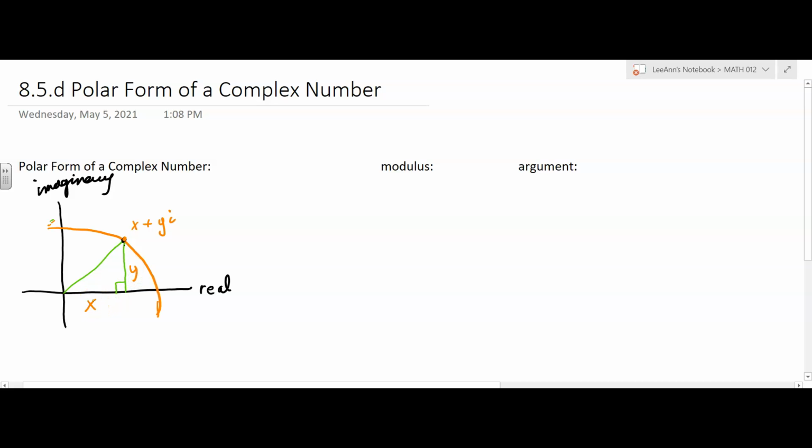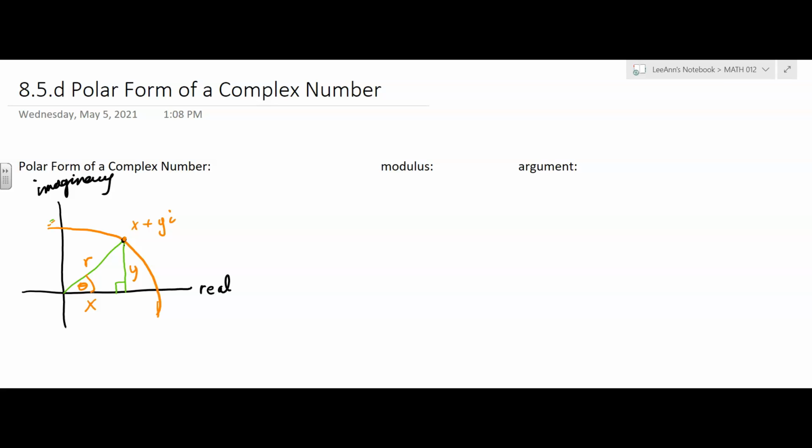Now switch to polar here. We think about this as the radius, and we think about this angle here as theta. Okay? Now that has it all. It's got your complex number and it's got that superimposed circle so that you can have a theta of rotation and a radius for that circle.